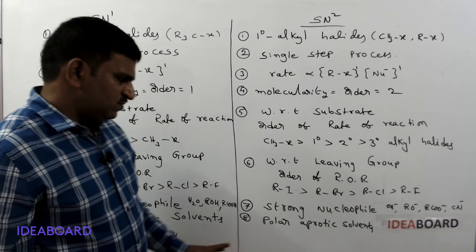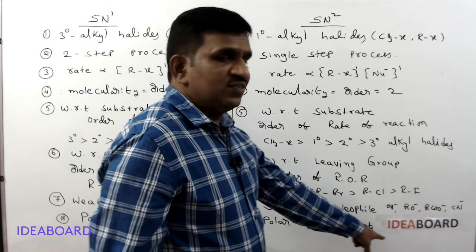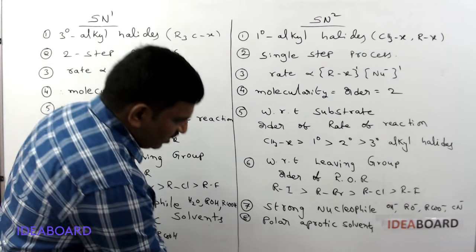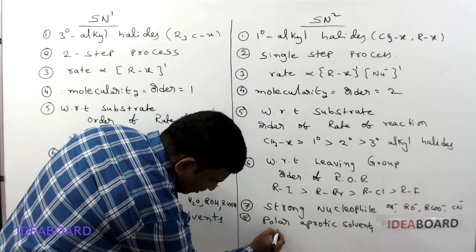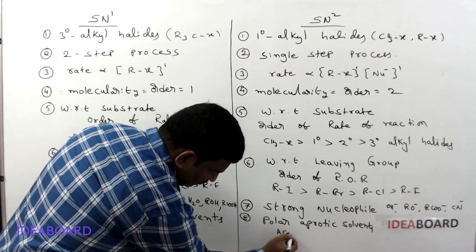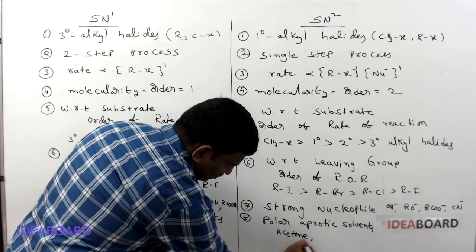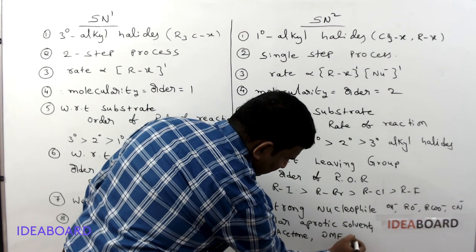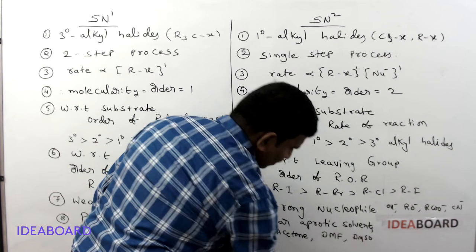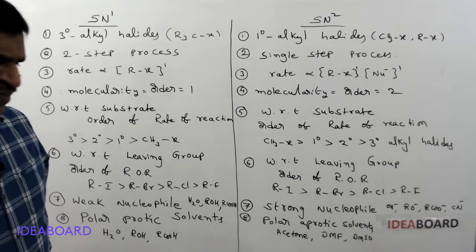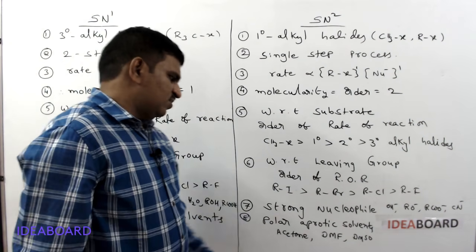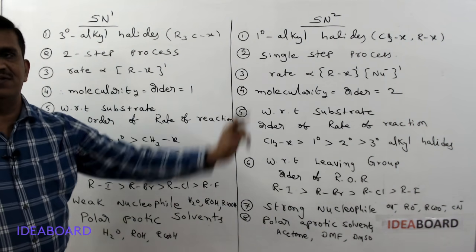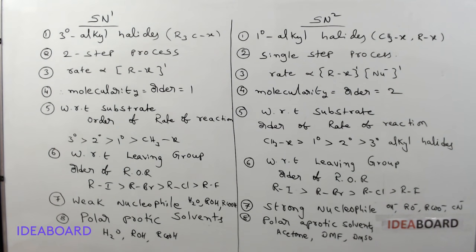I already gave that. And for SN2, polar aprotic solvents are favorable. Polar aprotic solvents are acetone, DMF (dimethylformamide) and DMSO (dimethyl sulfoxide). Such solvents are better for the SN2 mechanism.